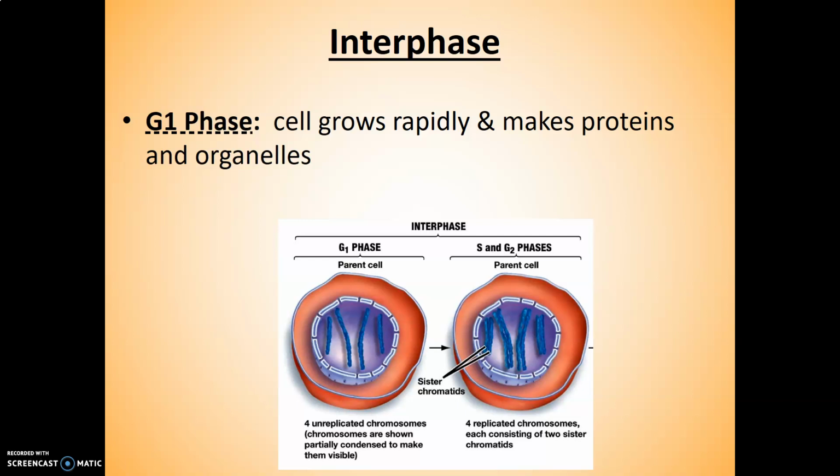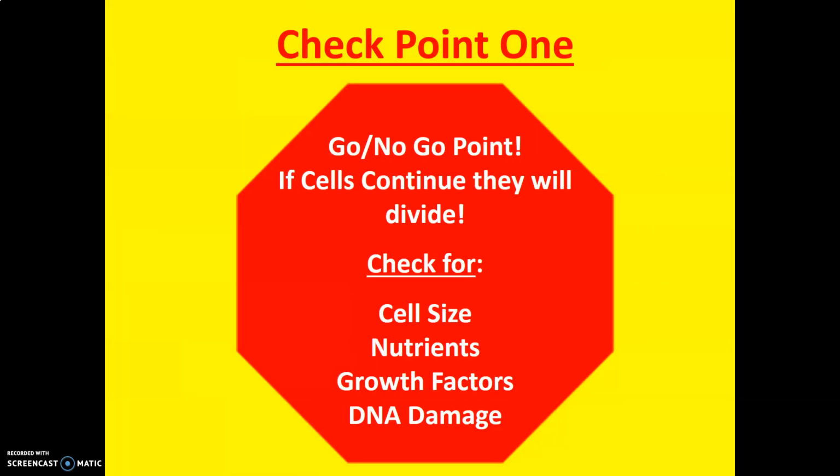When we look at interphase, the first part is G1, where the cell grows rapidly and makes proteins and organelles. After G1, the cell enters what we call the first checkpoint. It's a go or no-go point. If the cells continue, they will divide.